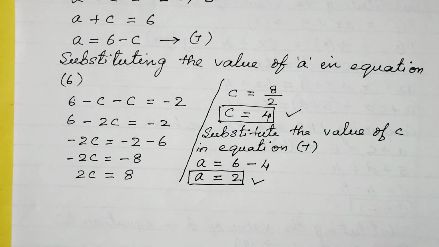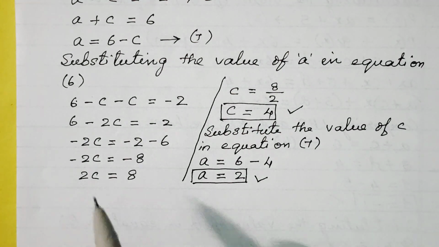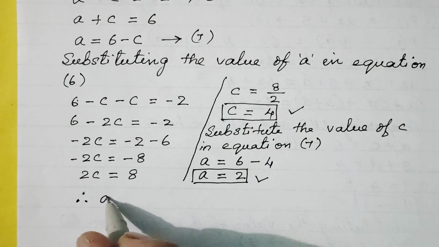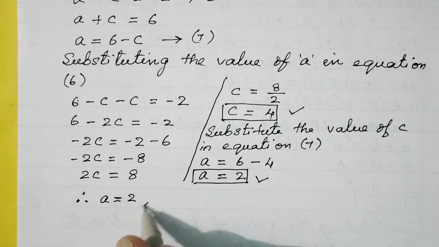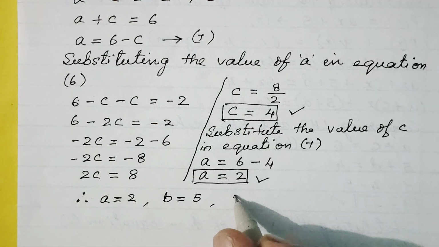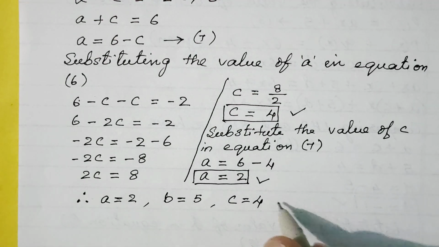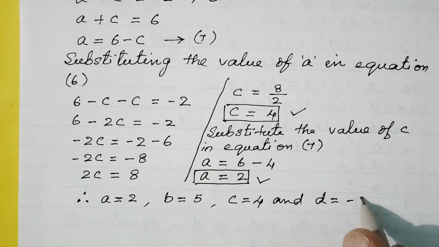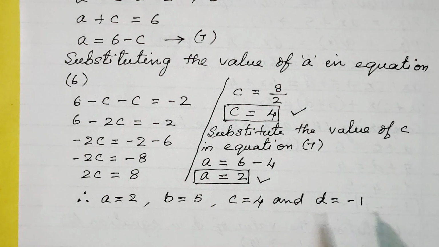So now we have found, therefore, a is equal to 2, b is equal to 5, c equal to 4, and d is equal to minus 1. So we have found the value of a, b, c and d.